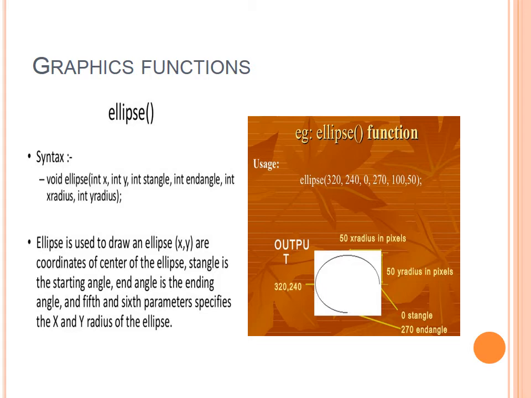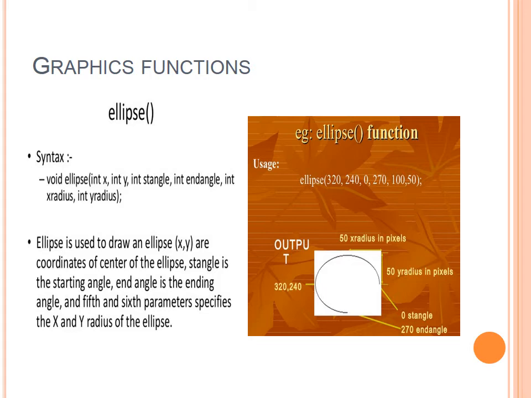So the syntax is void ellipse(int x, int y, int starting angle, int ending angle, int x radius, int y radius).